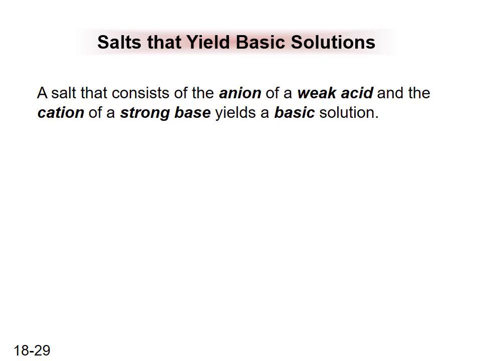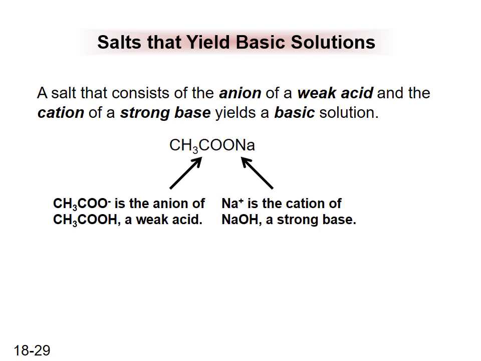A salt that consists of an anion of a weak acid and the cation of a strong base yields a basic solution. We have already seen this one, sodium acetate. Sodium comes from a strong base, and acetate comes from a weak acid, and the solution is basic.